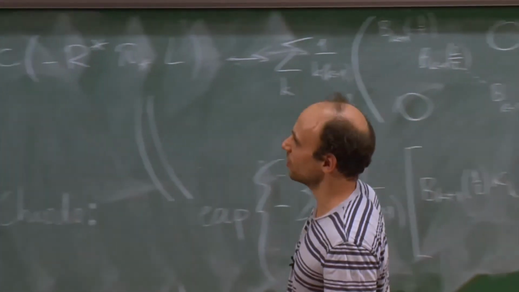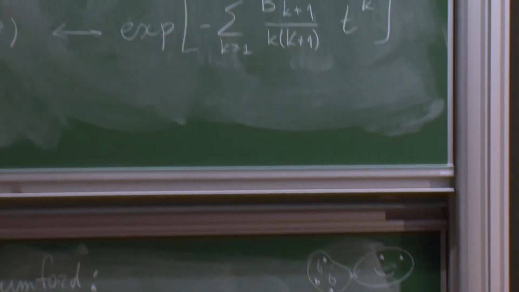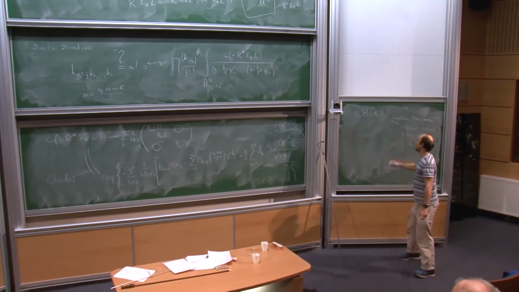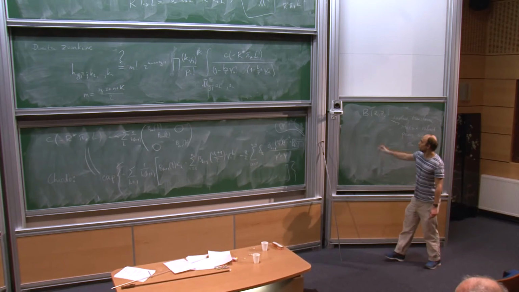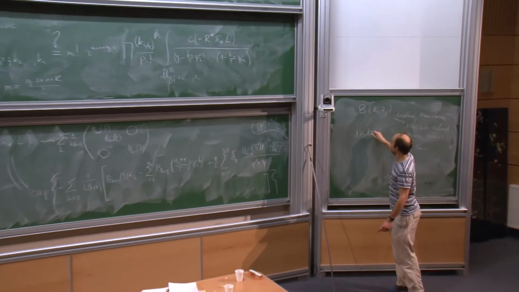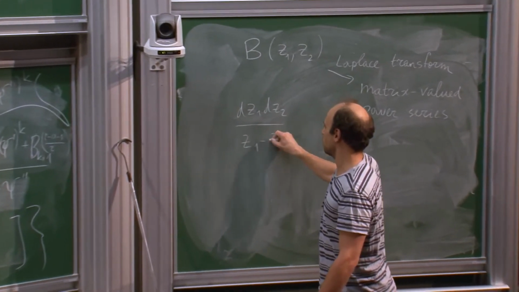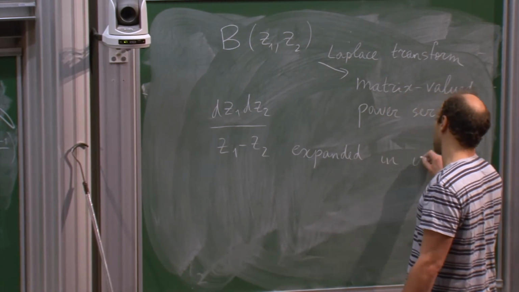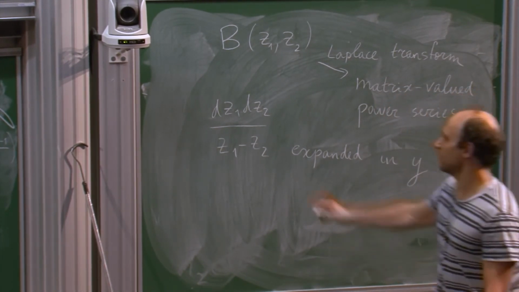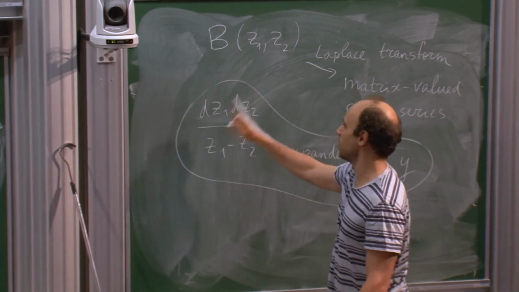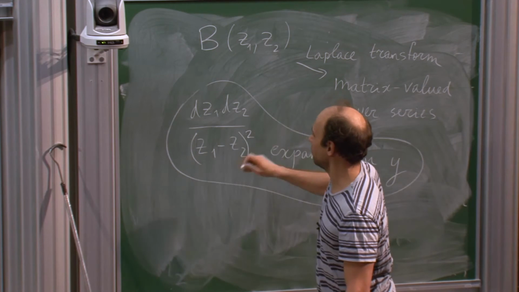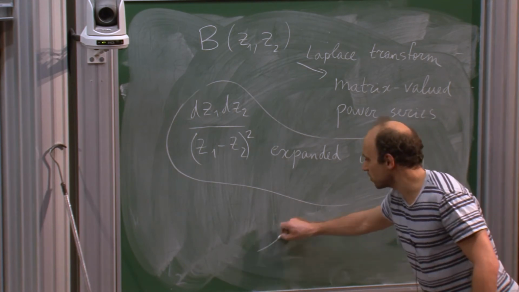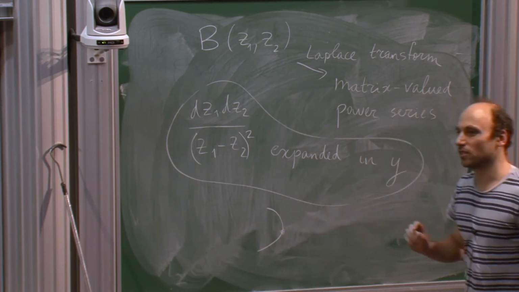So there's actually a connection between these power series here, this one and this one, and the expansion into power series of this two form, dz1 dz2 over (z1 minus z2), expanded in coordinate y. If you have a rational curve, you can take z squared. If you have a rational curve, you have this two form, and you can expand it into local coordinates in the neighborhood of critical points.